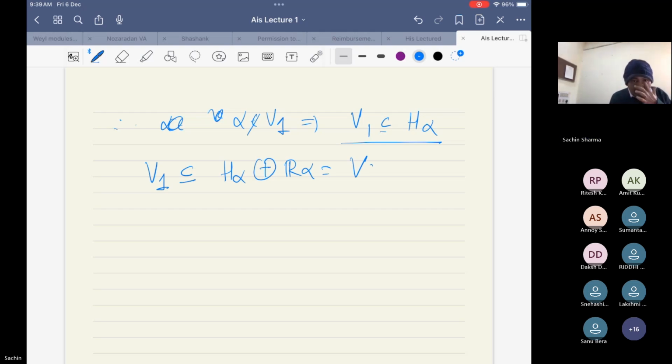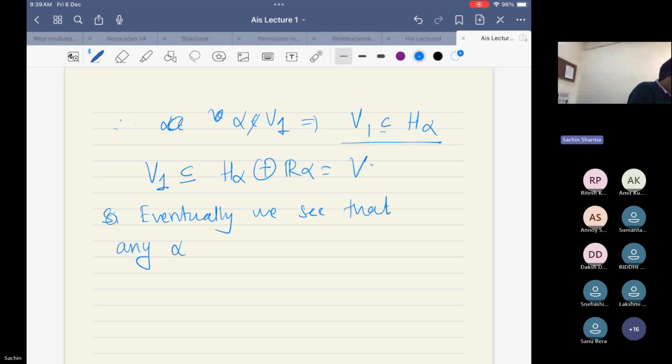So eventually, similarly, we see that any alpha belonging to Phi implies either alpha belongs to V1 or alpha belongs to V2. A similar argument you can play by taking v belonging to V2. And that's it.